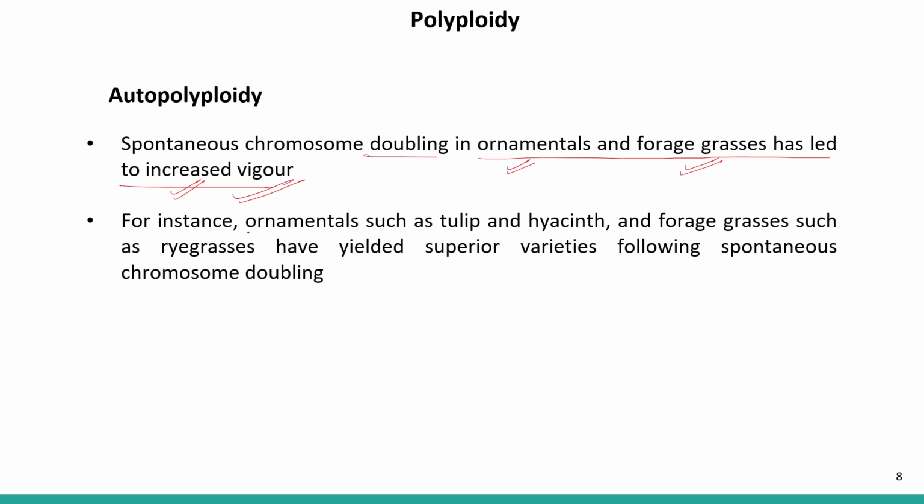For instance, ornamentals such as tulip and hyacinth and forage grasses such as ryegrasses have yielded superior varieties following spontaneous chromosome doubling. These are examples of plants that undergo spontaneous chromosome doubling, leading to the phenomenon of autopolyploidy.